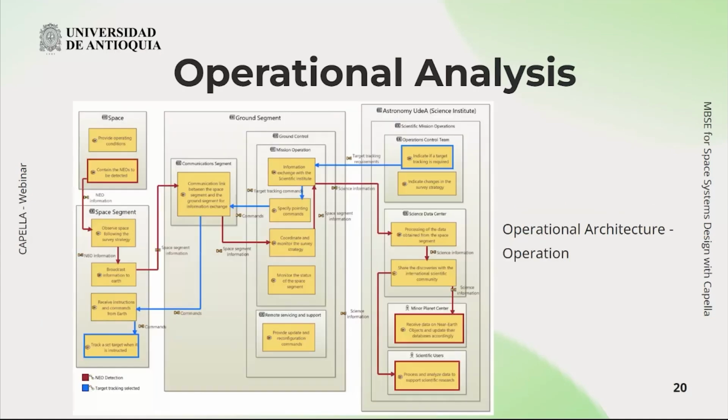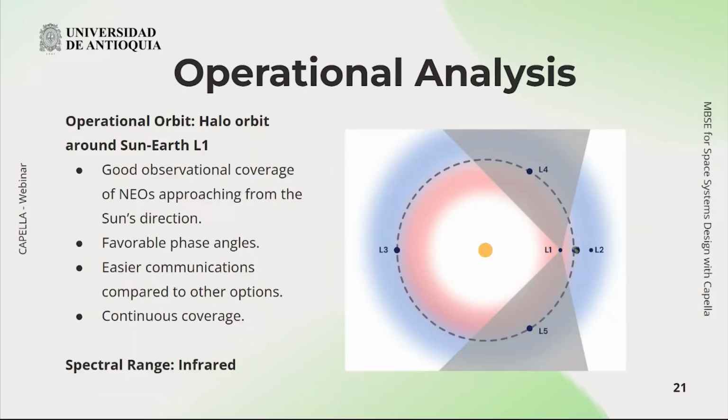And of course, we have the operational architecture at the operational level. Here we start to see two main functional chains, in this case, the NEO detection and the target track selected. It's important because when the Science Institute provides us the need to detect a specific object, the observatory shall have the ability to detect it.